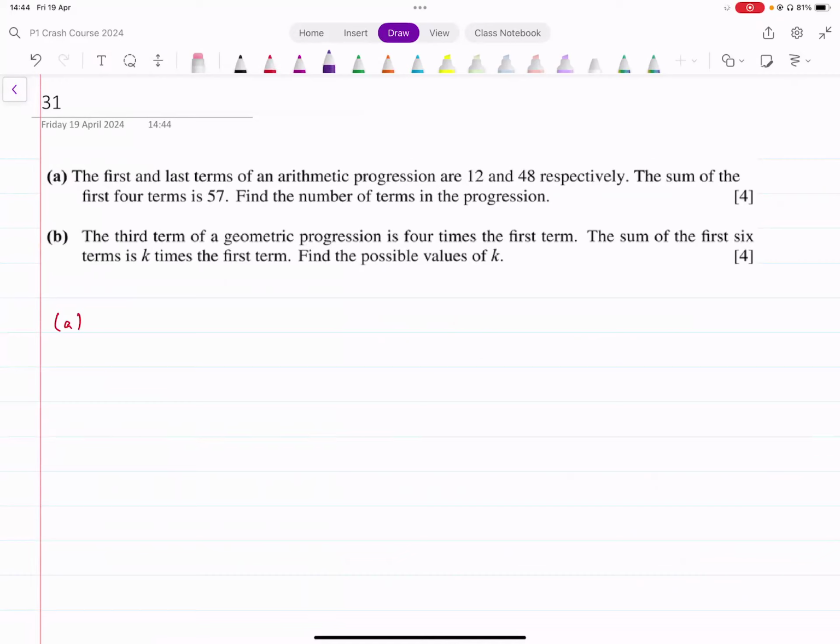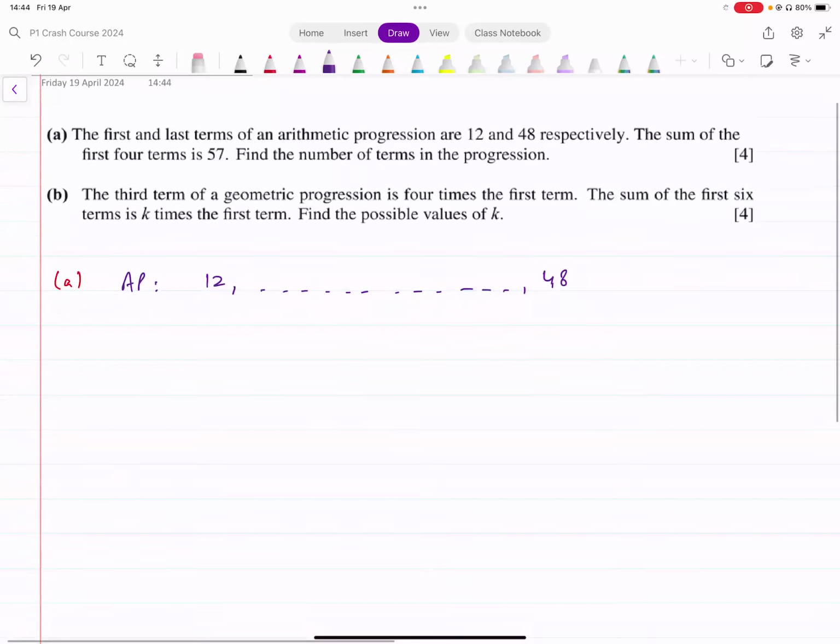Okay, now what are we given? First term is 12. So we're talking about an AP. The first term is 12. And then it keeps going on like this until we have the last term of this AP, which is 48. Okay, that's what we're given.